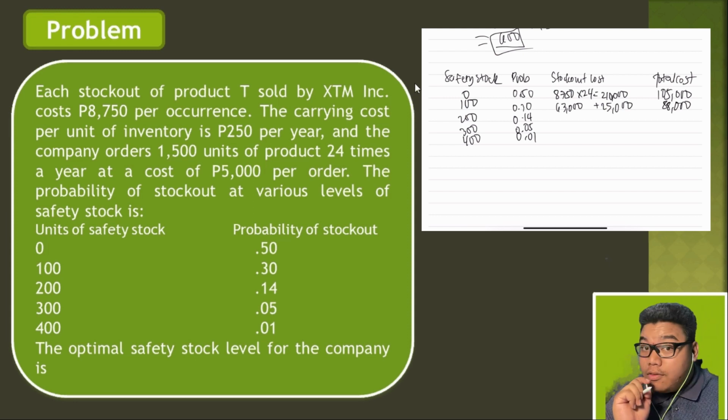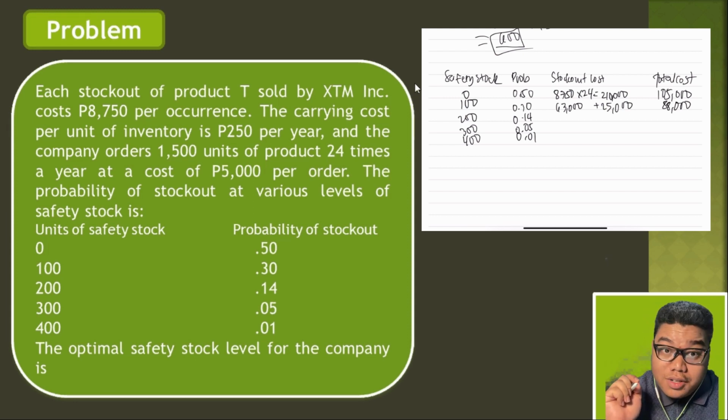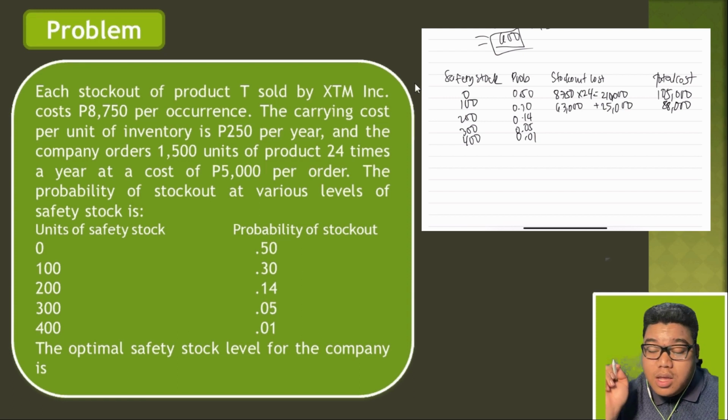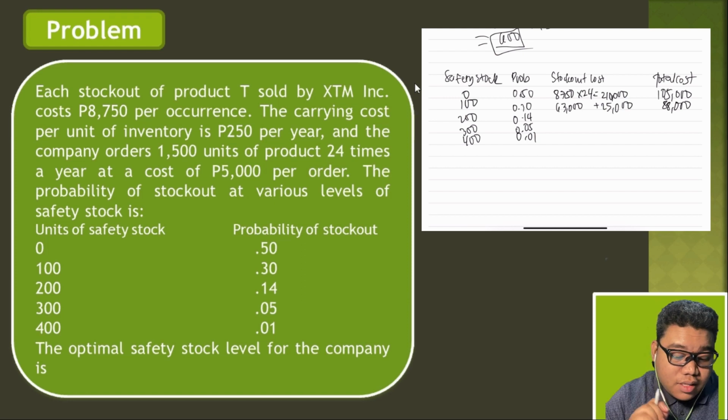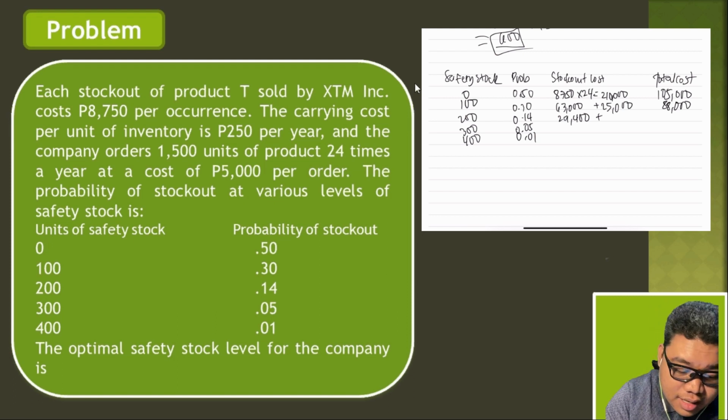Next would be for 200 units. First would be the stockout cost, that is still 210,000 multiplied by 0.14, we have 29,400. And your carrying cost would be 200 times 250, that is 50,000. So we have 79,400.